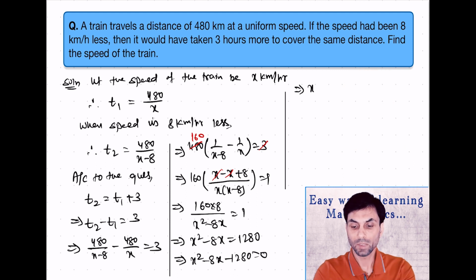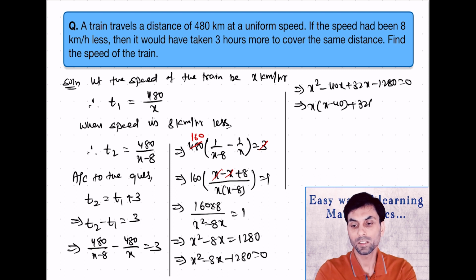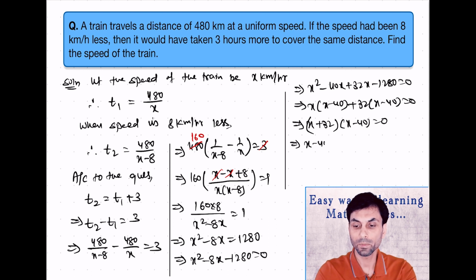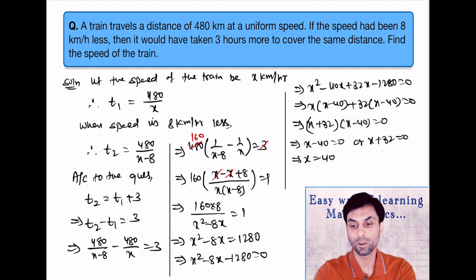So this will become x square minus 40x plus 32x minus 1280 equals to 0, which means x common, x minus 40 plus 32, x minus 40 equals to 0, which will be x plus 32 into x minus 40 equals to 0, which implies x minus 40 equals to 0 or x plus 32 equals to 0, which will give x equals to 40 or x equals to minus 32.